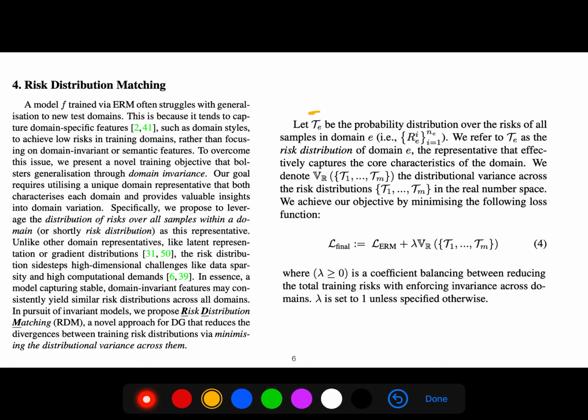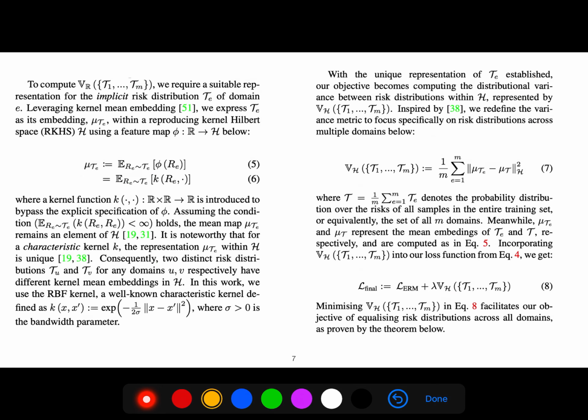So let tau be the probability distribution over the risks of all samples in domain E. We refer to tau sub E as the risk distribution of domain E, the representative that effectively captures the core characteristics of the domain. And so we achieve our objective by minimizing the following function. Lambda is a coefficient balancing between reducing the total training risk with enforcing invariance across domains.